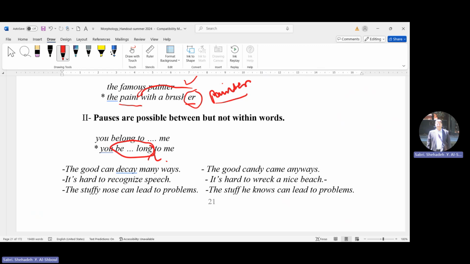We cannot pause at the oral level within the words themselves. To be understood properly, I have to say "you belong, to me." Here, I make a pause between "to" and "me" because both are separate and autonomous forms. But with "you be... long to me," that would be misleading and ambiguous, so we have to avoid it.